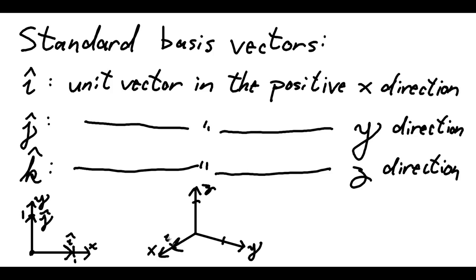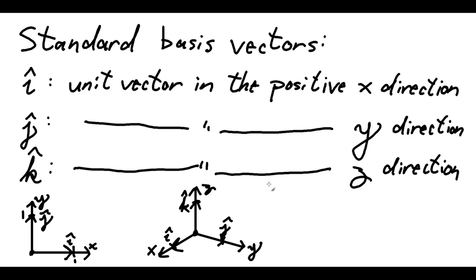This would be your vector i, from the origin to 1 unit on the x-axis. From the origin to 1 unit on the y-axis would be your vector j. From the origin straight up 1 unit on the z-axis, that would be the vector k. So you have your i, j, and k. There are better pictures of these in the textbook. Should be easier to understand. So those are our standard basis vectors.